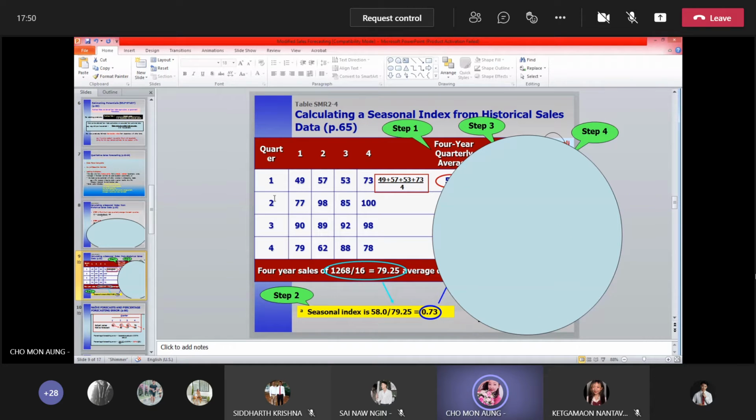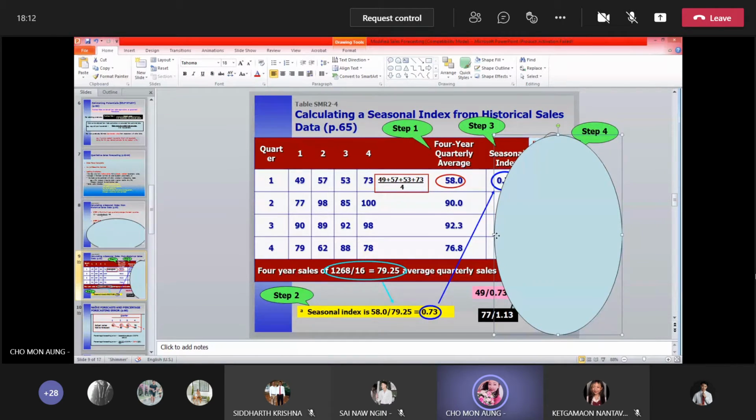So for quarter 2, see that? Quarter 3, the same thing, and quarter 4. So from step 1, now you get this column. We call that the 4-year quarterly average. So the averages are here, 1, 2, 3, and 4. Okay, step 1.